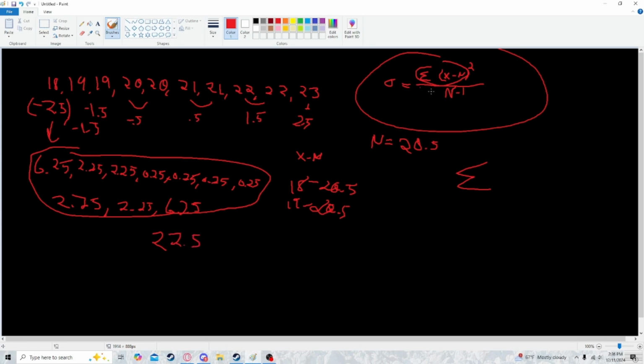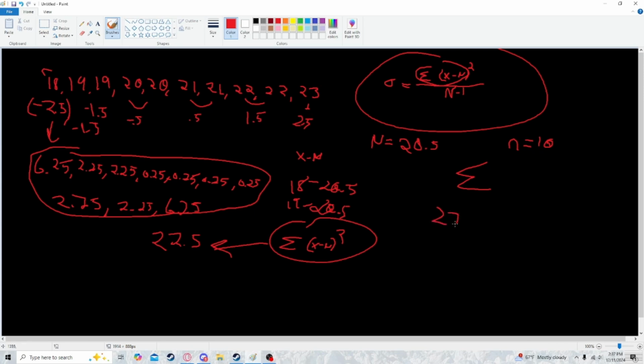So all of this, sigma of x minus mean squared, now that we've done all this work, is 22.5. That's it. And if we count the sample size here, we know that n equals 10, but because it is a sample and not the population, we are going to minus 1.